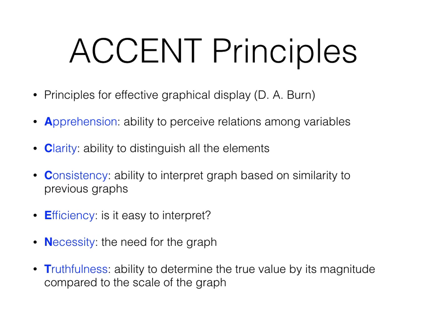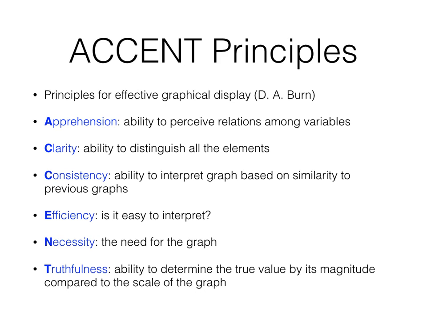It feeds into this idea that people get used to seeing things in particular ways, and then they can use that to understand other graphs. The next one is efficiency. Is it easy for people to interpret? Is it efficient for your brain to interpret the visualization?